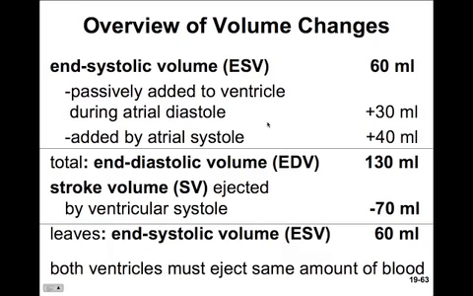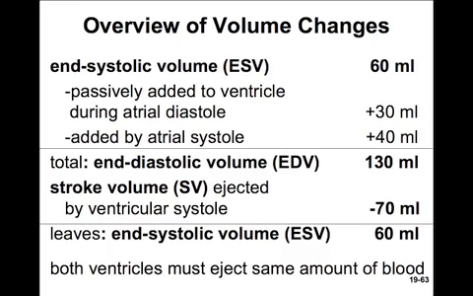Added by atrial systole, the contraction of the atria, is about 40 milliliters, which gives us a total end diastolic volume of 130 milliliters. The stroke volume is how much we eject during ventricular systole, or ventricular contraction, which will be 70 milliliters during rest usually, and that will leave an end systolic volume again of 60 milliliters.